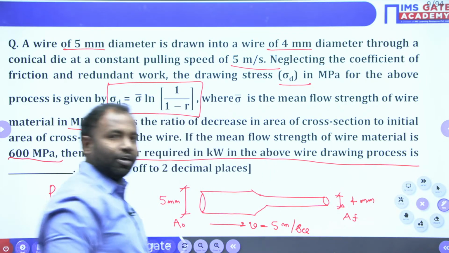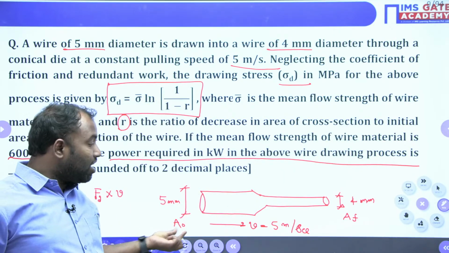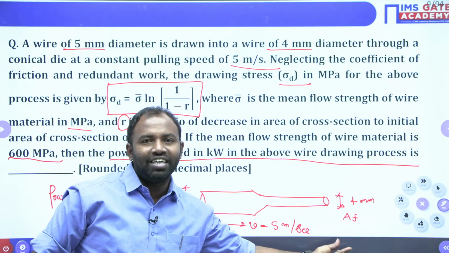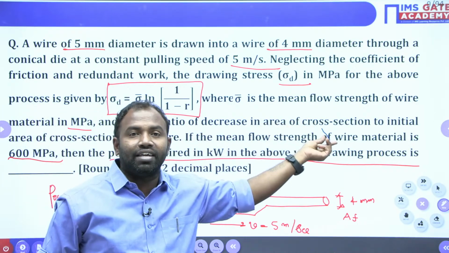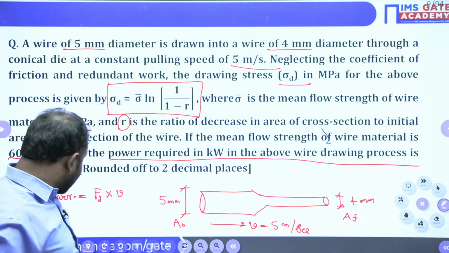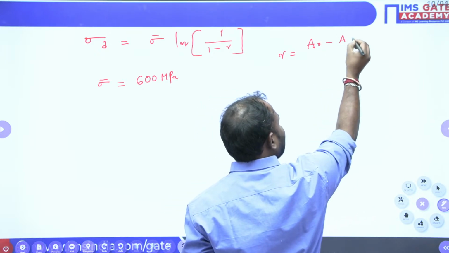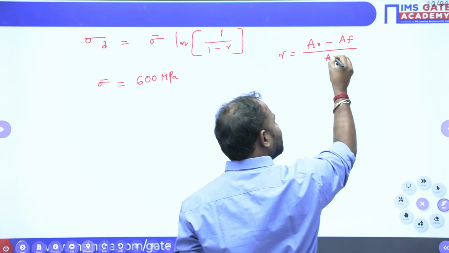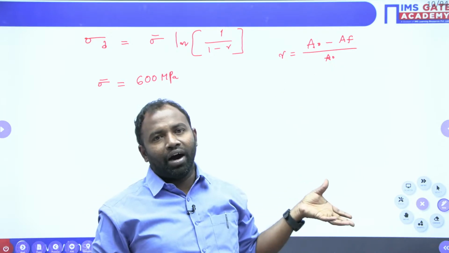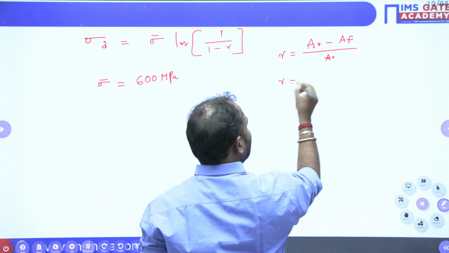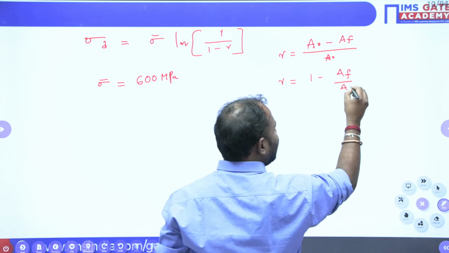R is the ratio of decrease in cross section area, A0 minus AF, to the initial cross section area A0. So R equals A0 minus AF divided by A0, which gives R equal to 1 minus AF by A0.